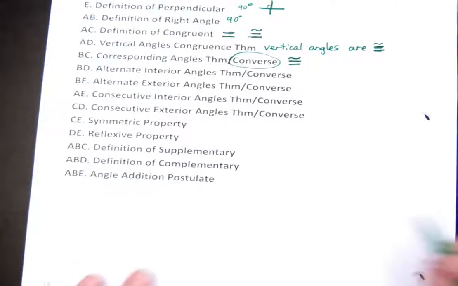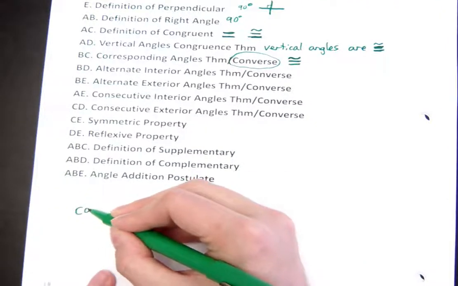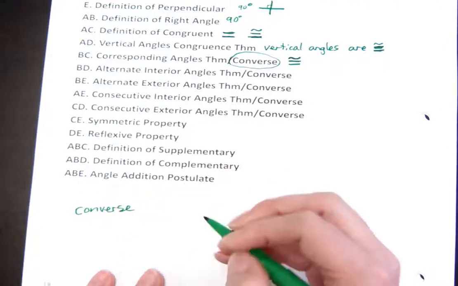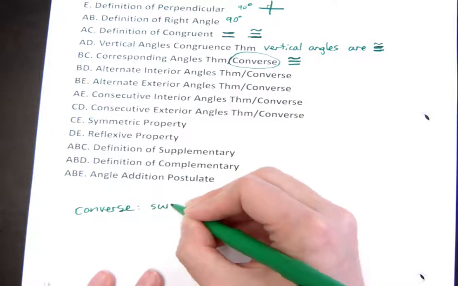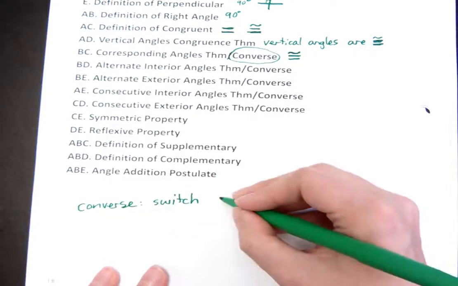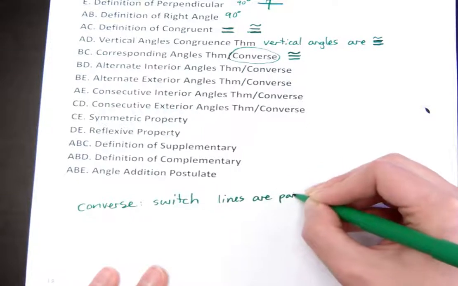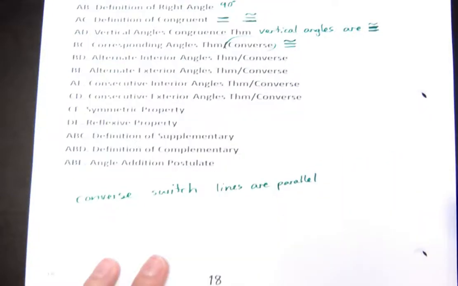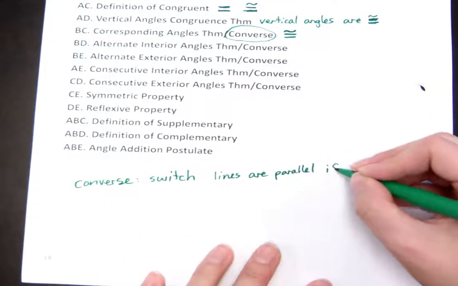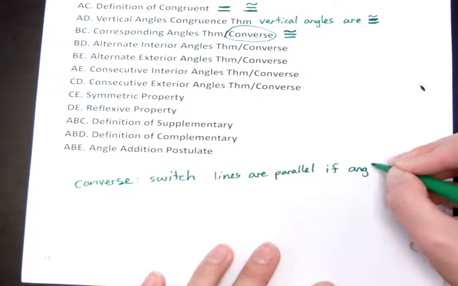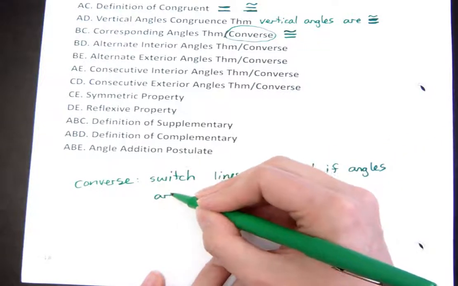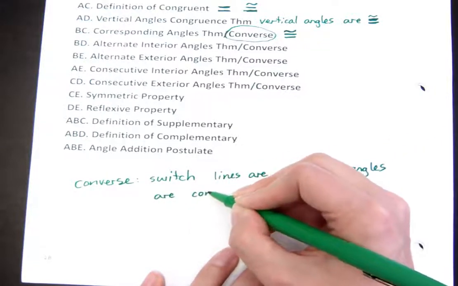So converse is when we switched it around. And so in the theorems, our converse theorems are when we switch it: lines are parallel if angles are congruent or supplementary.